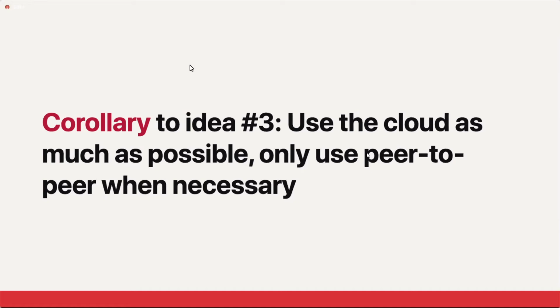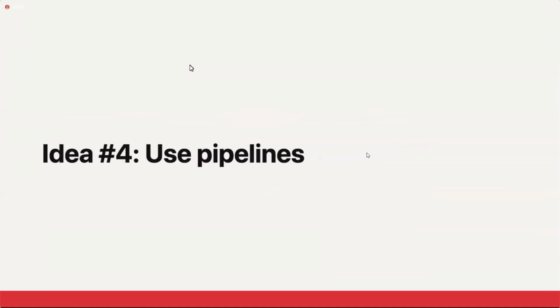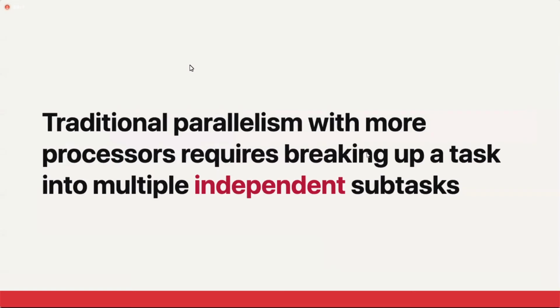Now, the final idea that I would like to share today is idea number 4, and that is the use of pipelines. Traditionally, we wanted to use parallelism with more processing power, more CPUs, or probably a GPU with thousands of execution units, and that will encourage parallelism and make it faster to run some of the tasks.